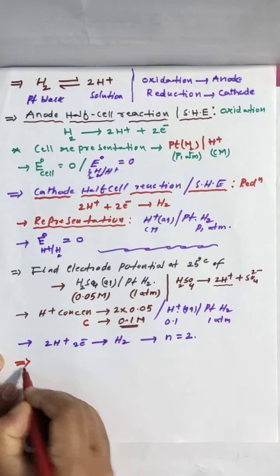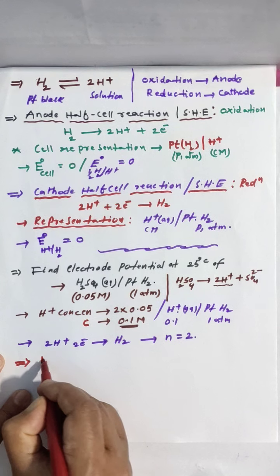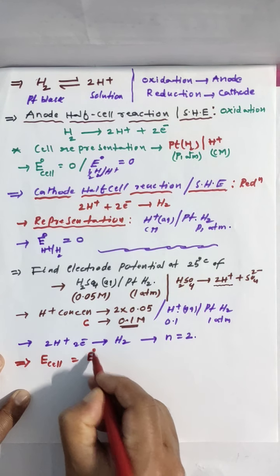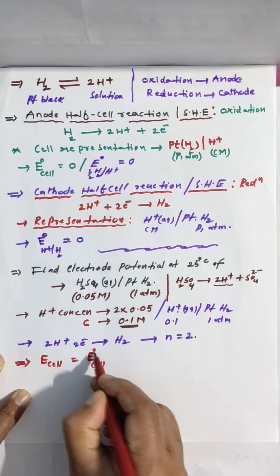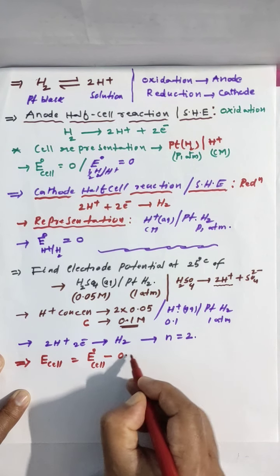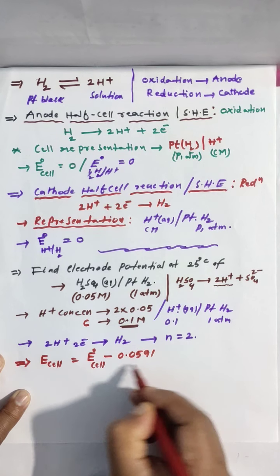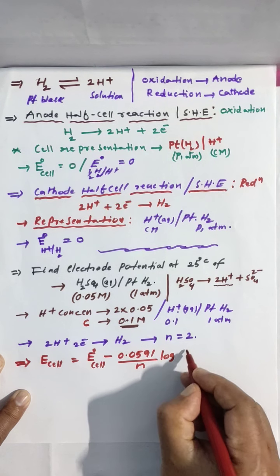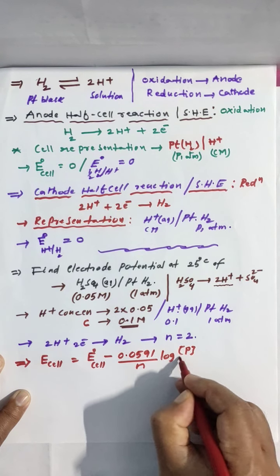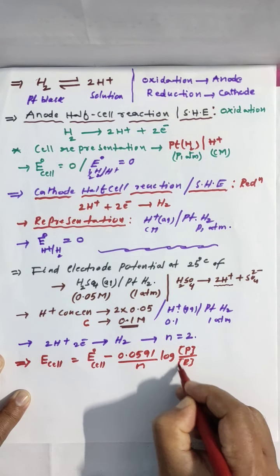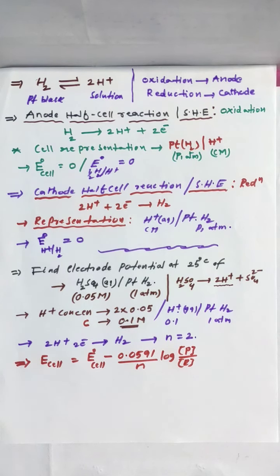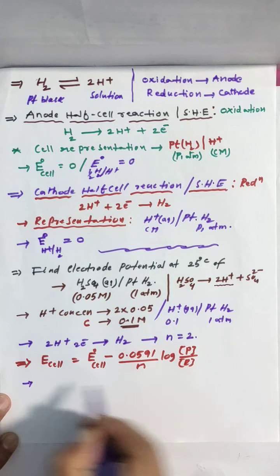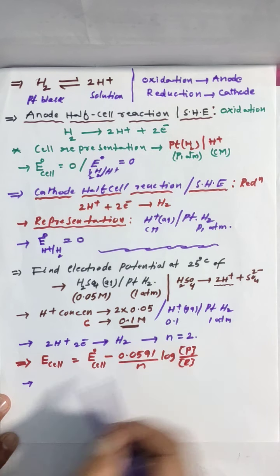Now according to the Nernst equation, E cell equals E naught cell minus 0.0591 upon n log of product concentration upon reactant concentration. This is the formula we learned, and this formula we have to convert according to this reaction.